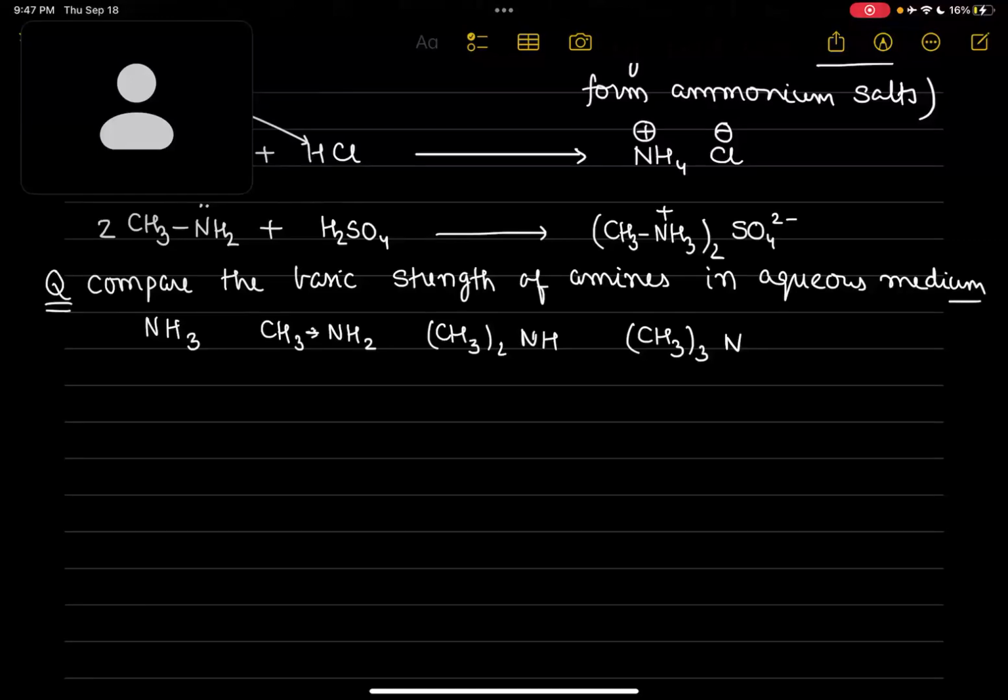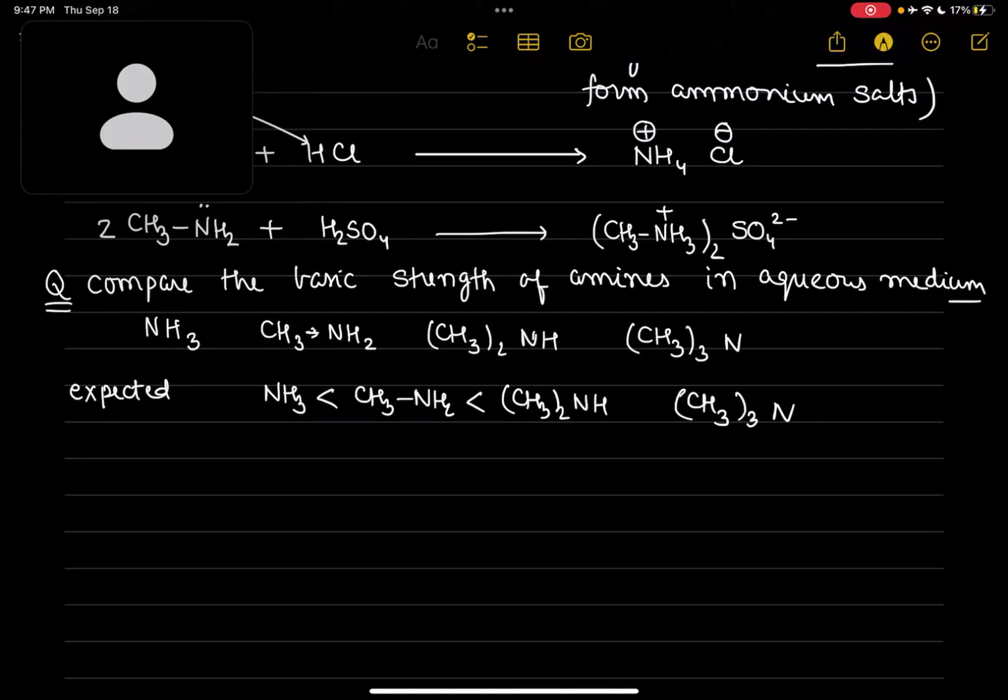But every time things don't move in the proper direction. Actually the expected trend is (CH3)3N, that should be the most basic.